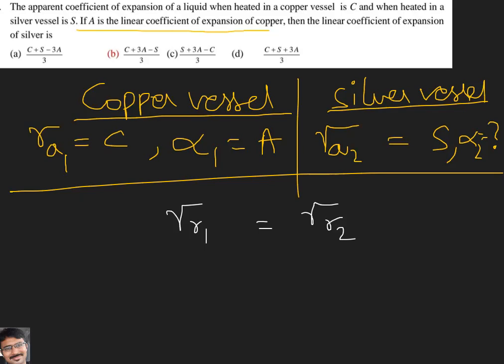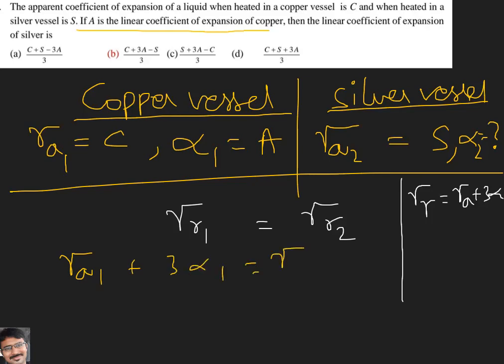Fine. What is the formula for gamma R, sir? We know that gamma R is equal to gamma A plus 3 alpha. By using that formula now I am going to substitute. In the place of gamma R1 I am writing gamma A1 plus 3 alpha 1. Here I am writing gamma A2 plus 3 alpha 2. Now, what is gamma A1?